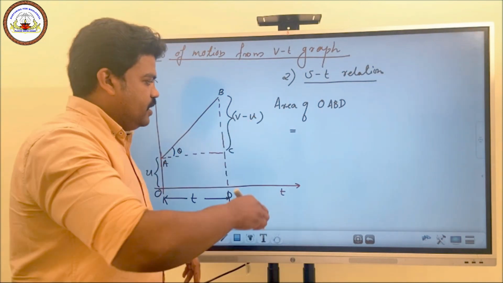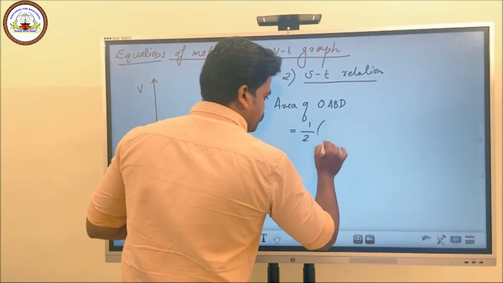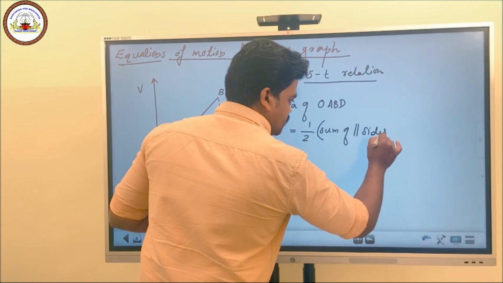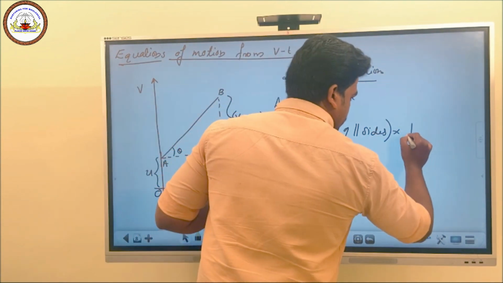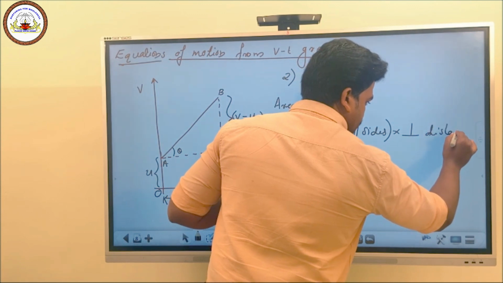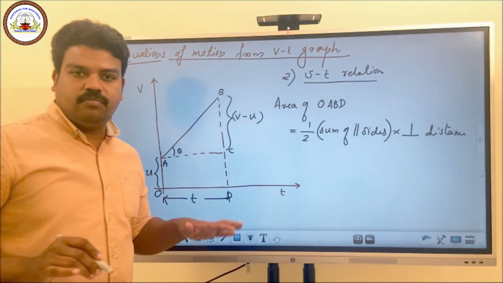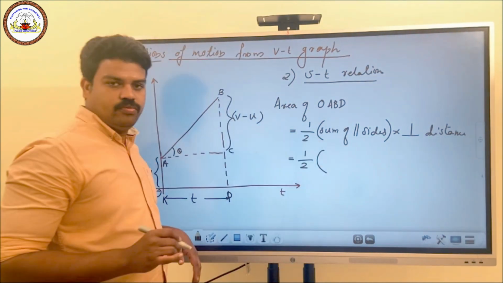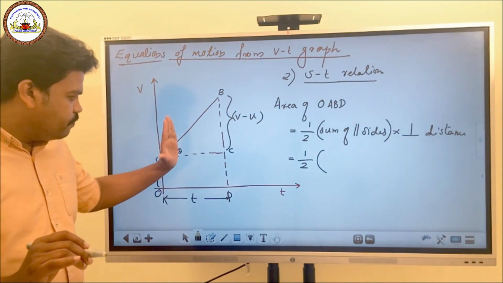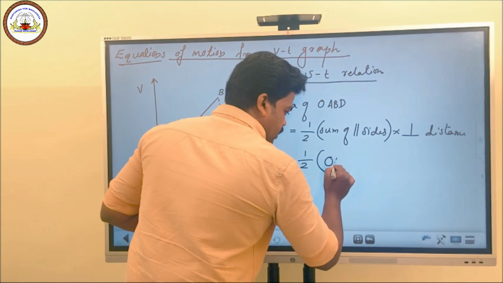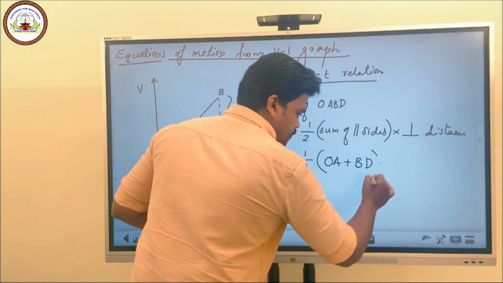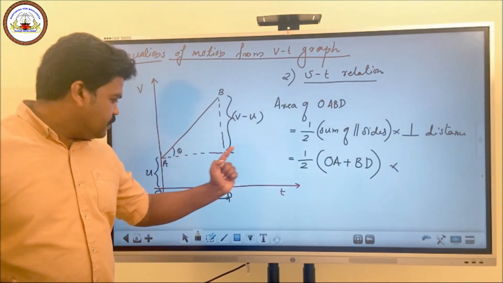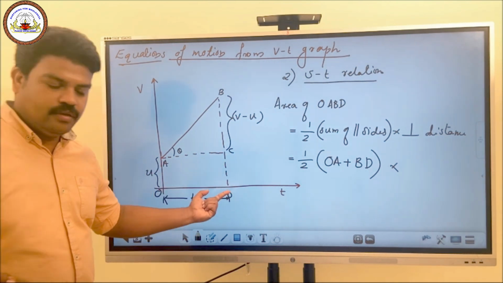So the area of OABD is equal to half into the sum of parallel sides, OA plus BD, into the perpendicular distance. The perpendicular distance is AC or OD; we can take AC.